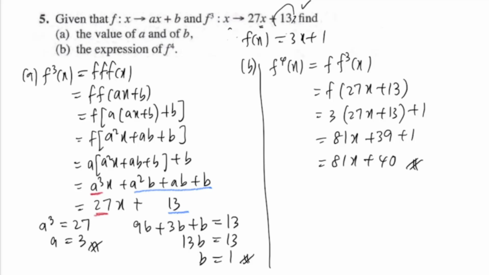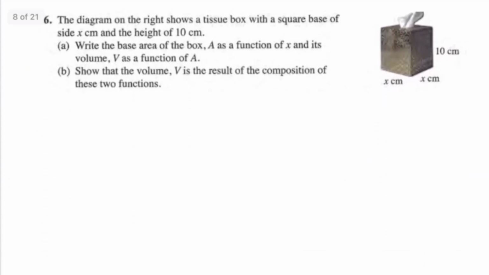Okay, let's move on to question number 6. In question number 6, the diagram shows a tissue box with a square base of side x, height of 10. So write the base area of the box as a function of x and the volume as a function of A. We know that if you have a square base of side length x, your area as a function of x is just x squared.